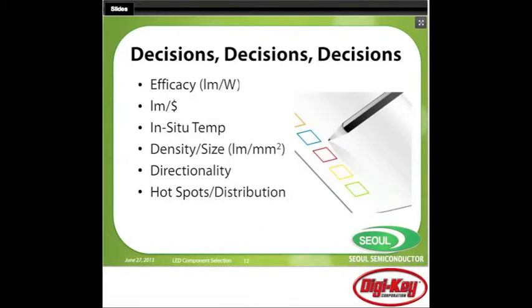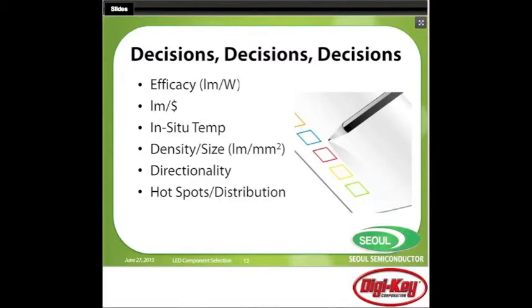So moving on, and this is really decisions. Really the two key criteria are at the top. You have your efficacy, which is lumens per watt, and then also your lumens per dollar. But a key factor in those numbers is really your temperature. What's your end application actually operating at?